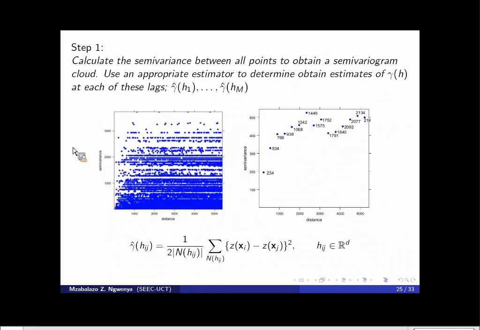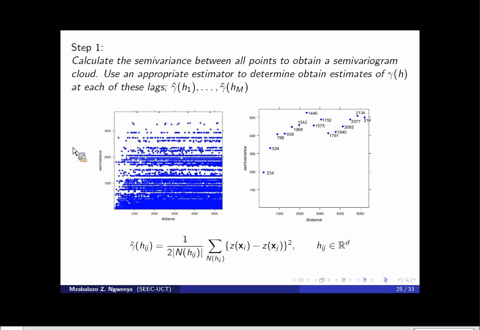So let's see how that would look in practice. You've got however many data points you have. The first step is to compute the semi-variance between any 2 points. So you basically have to know for any 2 points what is the semi-variance. Obviously, the points will have different distances to each other. Take just here, so I have to calculate the distance to Vern, to Bianca, to Greg.